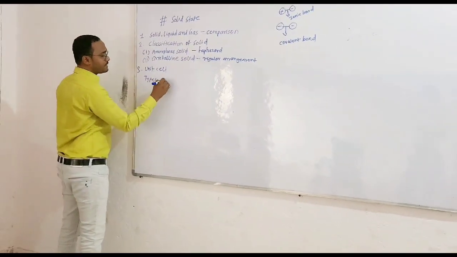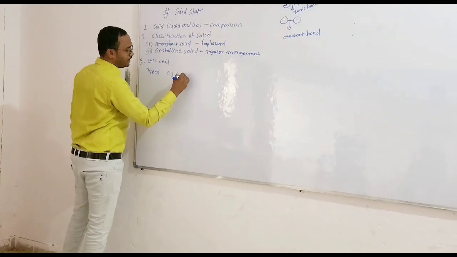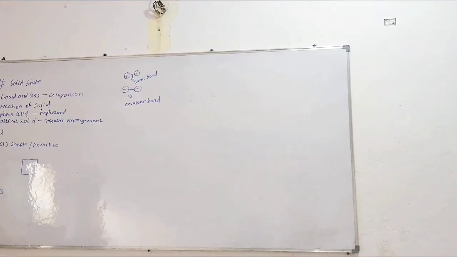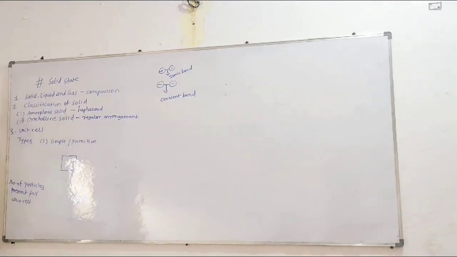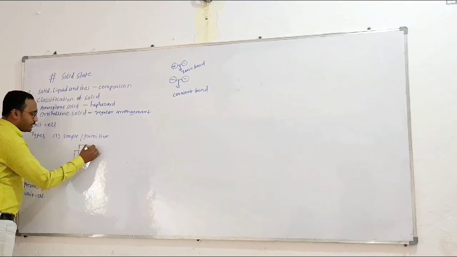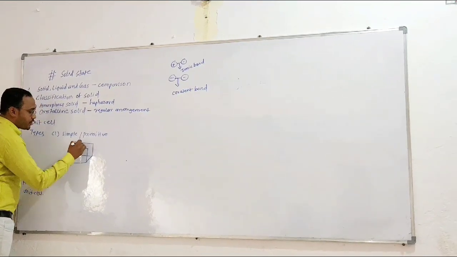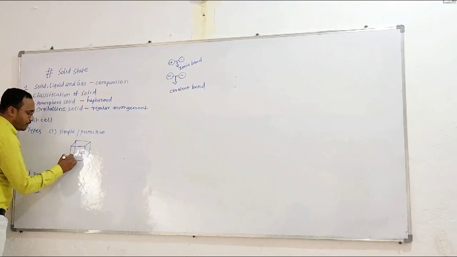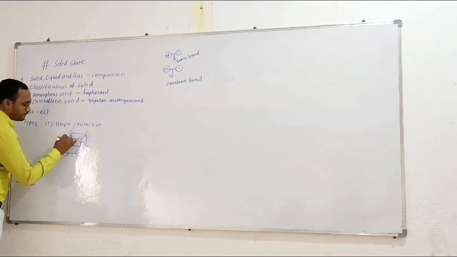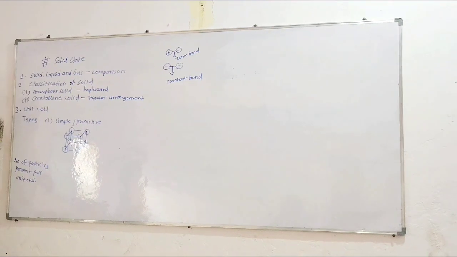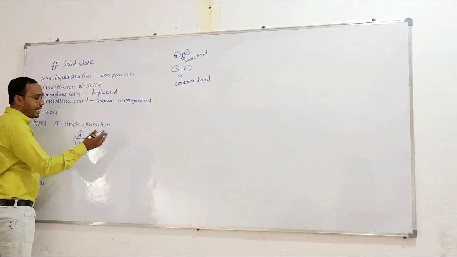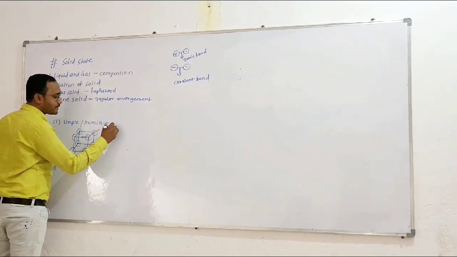The first type is simple or primitive. In case of simple unit cell, the constituent particles occupy the 8 corners of the unit cell, and the particle present at the corner is shared among 8 unit cells.